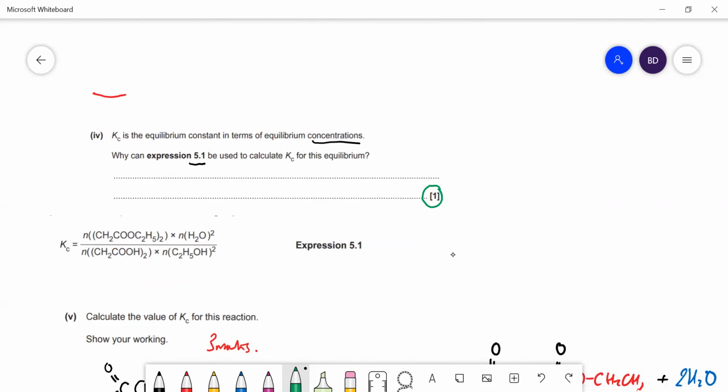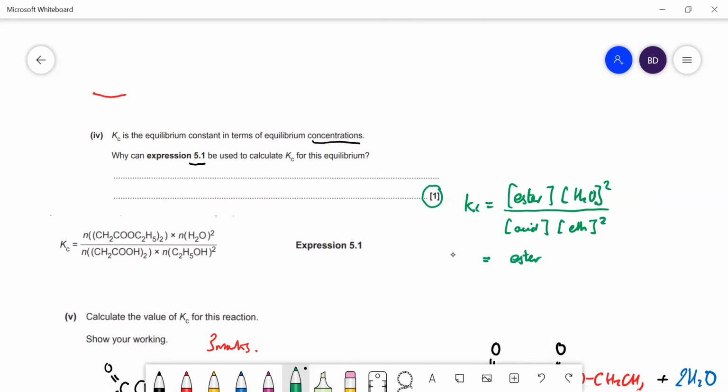But just so that if you're wondering, Kc should really be, I'm going to write down the concentration of ester multiplied by the concentration of H2O squared, divided by the concentration of the acid multiplied by the concentration of the ethanol squared. So you can replace those concentrations with moles like they've done.